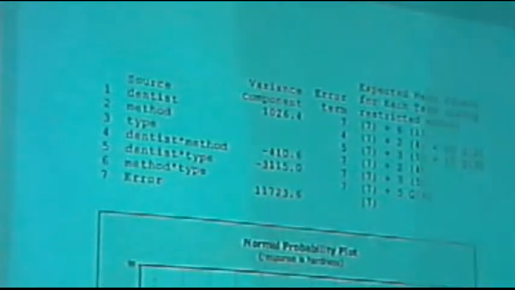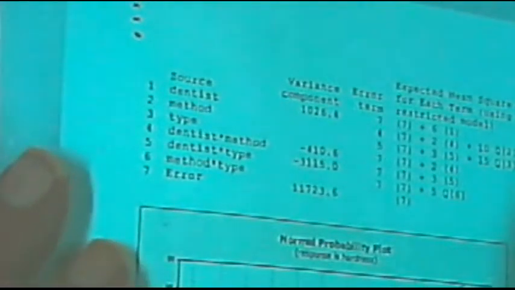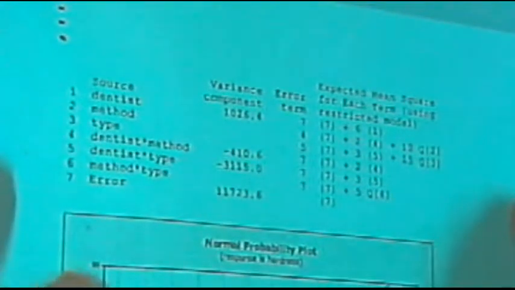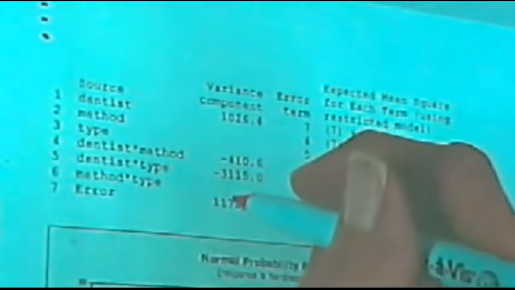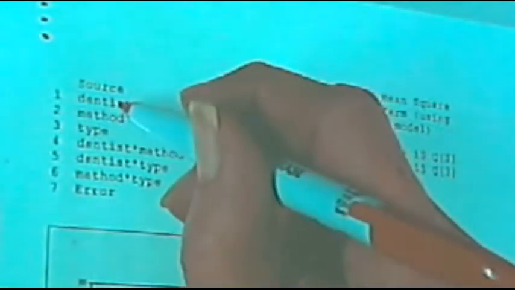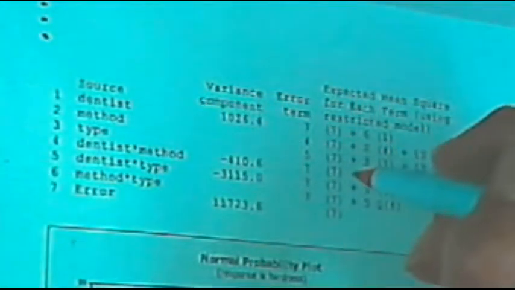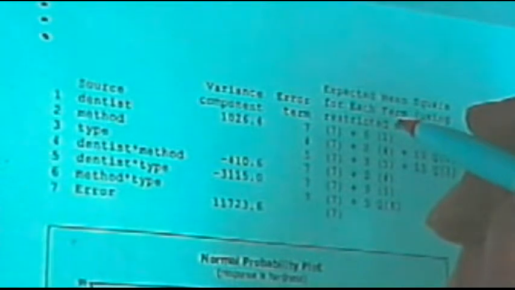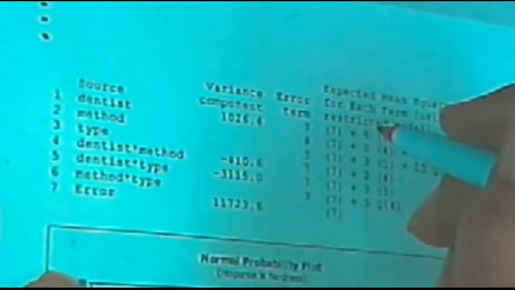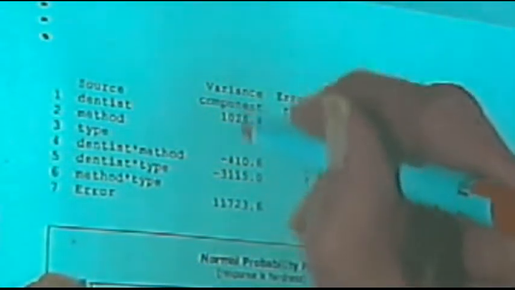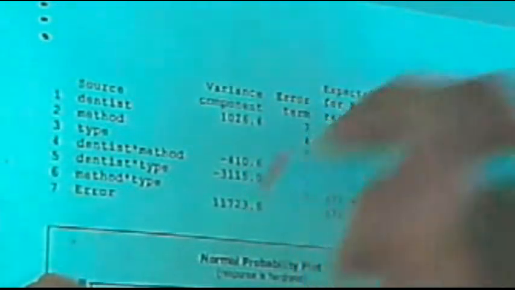So on the back side of this page, you see Minitab's layout. And it's fairly self-explanatory if you just look at it. It says, well, here's the terms in the model again, over here on the left. It talks about variance component, which we can come back and talk about again in a moment.